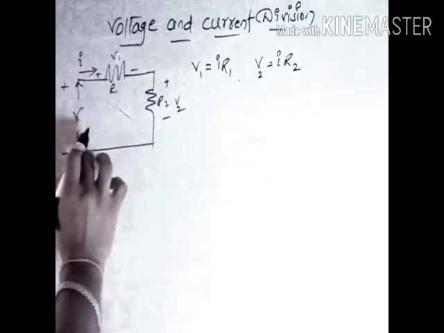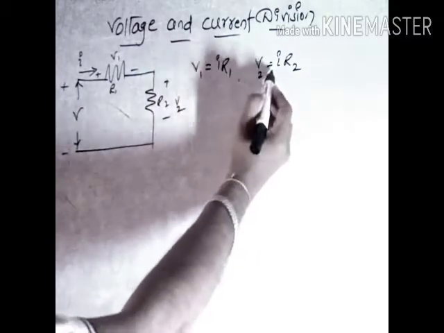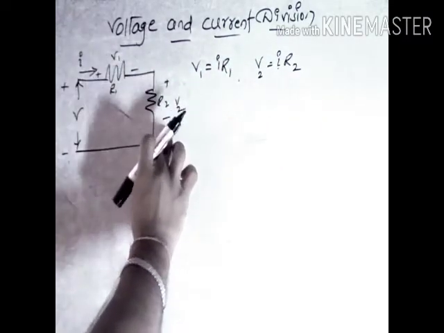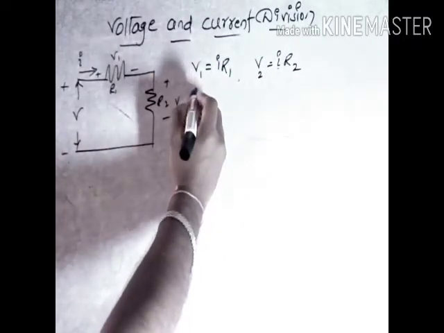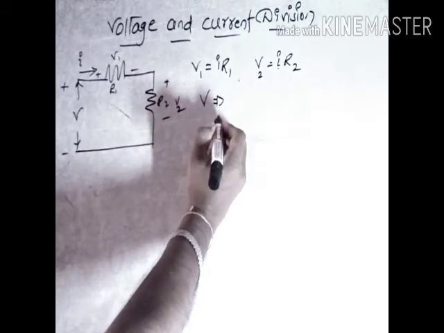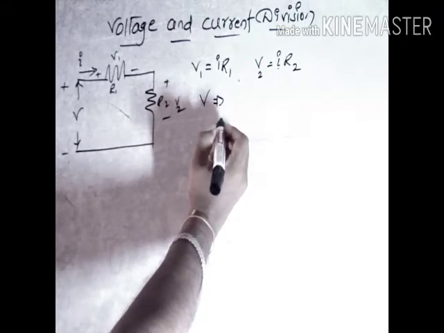This is a series circuit, so the current through the circuit is the same. That is, the current flowing through the circuit is I only, through resistor R1 and through resistor R2. Both are the same. According to KVL, the algebraic sum of the voltages across all elements equals 0.